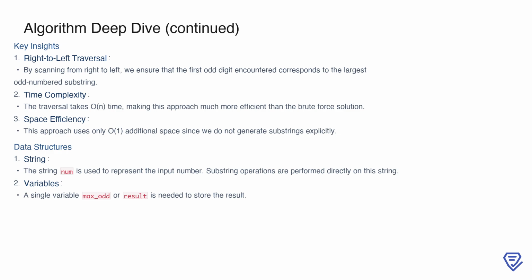Additionally, it is space efficient, requiring only O(1) extra space since we do not store or generate substrings explicitly. The input string number is directly used for substring operations, and a single variable is sufficient to store the result. This combination of efficiency in both time and space makes the right-to-left scanning approach ideal for solving this problem, especially when dealing with large input sizes.